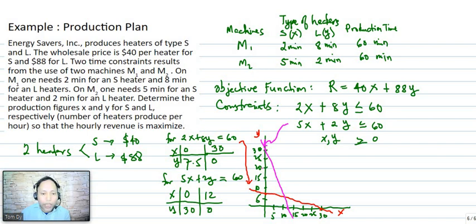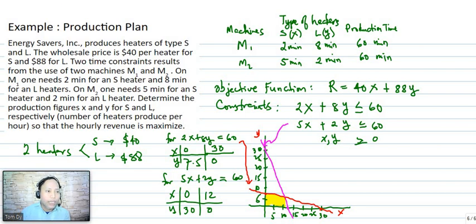So this part will be less than. For this line, of course, less than. And then, of course, we have our area enclosed by these two lines.